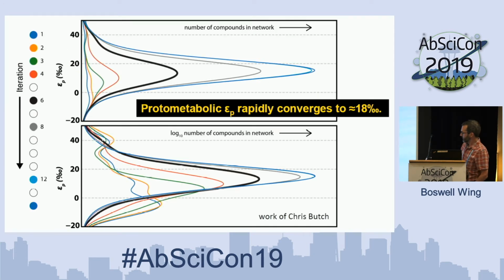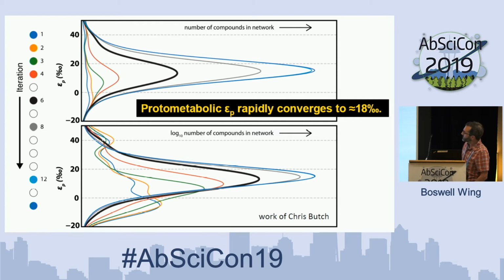Okay? And here, shown on the left, are the iterations. Here are two images of that epsilon primary productivity. On the top, the number of compounds in the network is shown linearly. On the bottom, we've got it plotted versus the log number of compounds in the network. This one is easier to see the differences. The early networks are shown here in blue and in red.